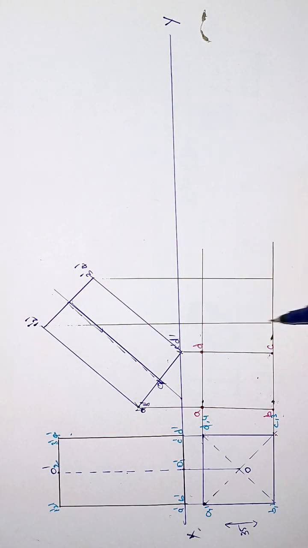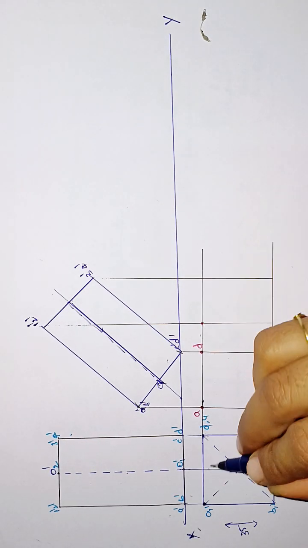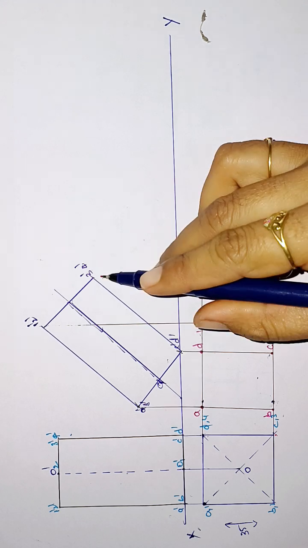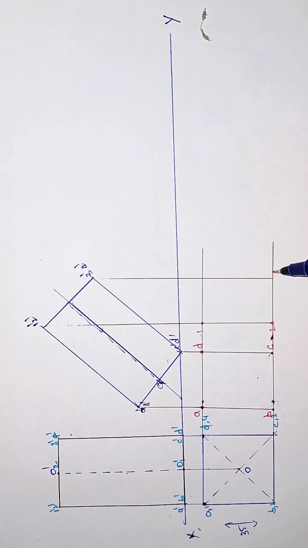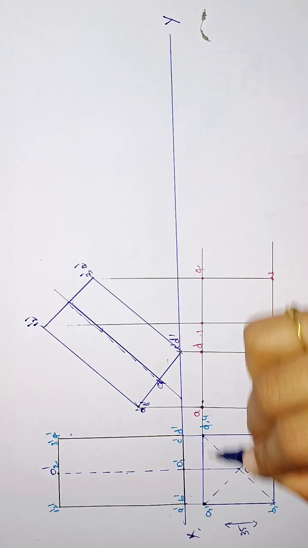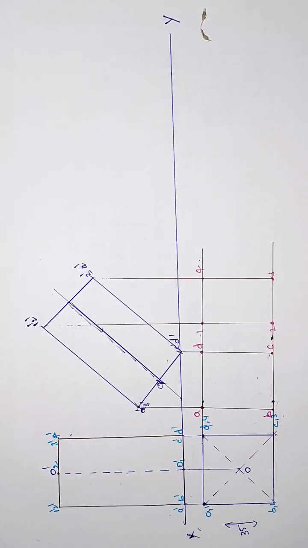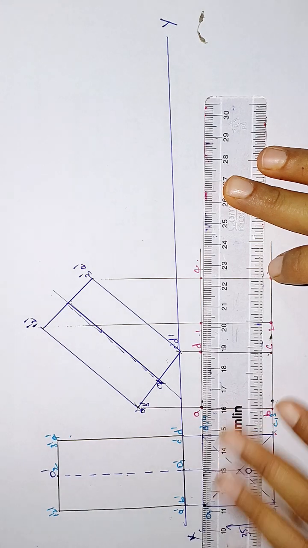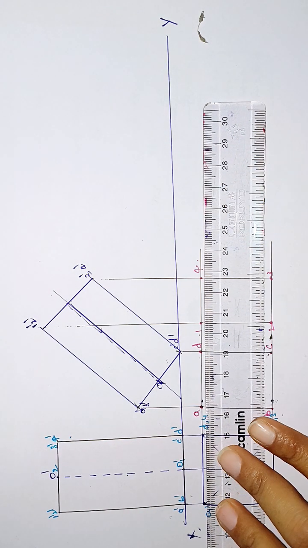Similarly 1, where is the 1? This is the coincidence of the 1, and similarly this one too. 3, where is the 3? It coincides here, horizontal line and vertical line coincide for the 4.